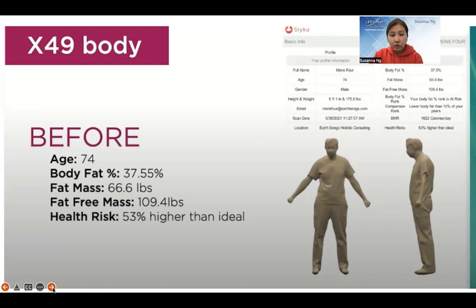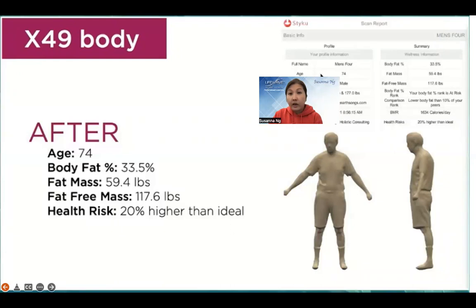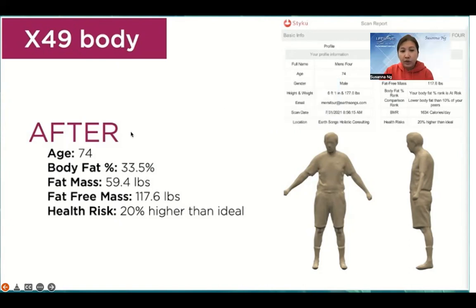So after using X49 for a month, the result is the body fat decreased to 33.5, and the fat mass also decreased to 59.4, and the fat-free mass increased to 117.6 pounds, and the health rate is actually just 20% higher than the ideal.